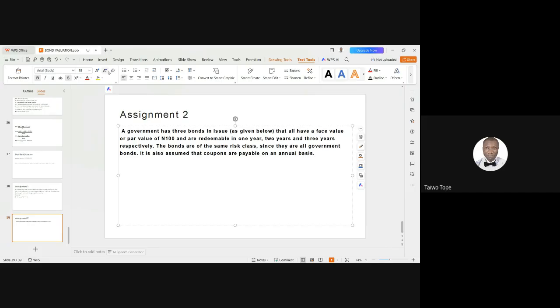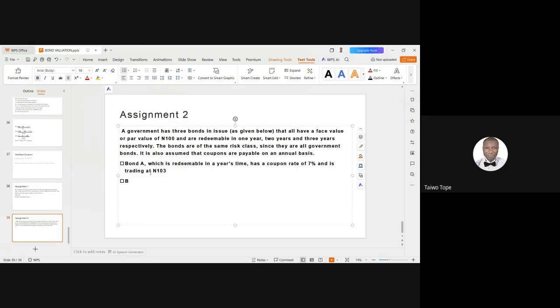Now we have this scenario. Say bond A, which is redeemable in a year's time, has a coupon rate of 7%, and is trading at 103 naira.